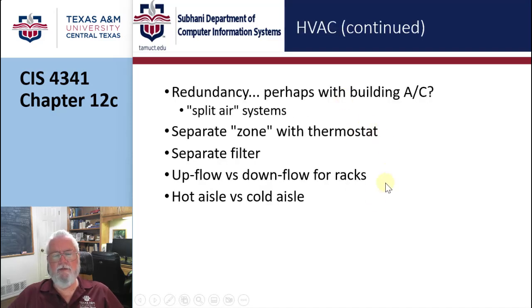Okay, so redundancy. I really need to have more than one system. I can't have a single air conditioning system running my server room. It could be that the backup is the building's system. That'll probably work a little bit. I mean, it might survive an hour or two under that.